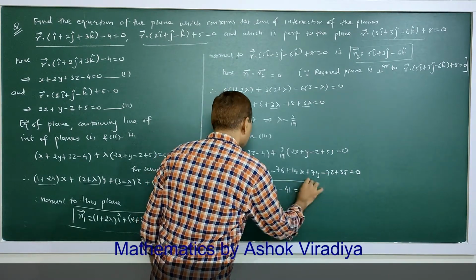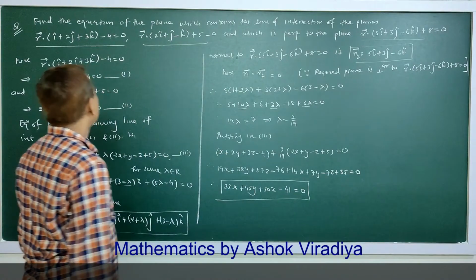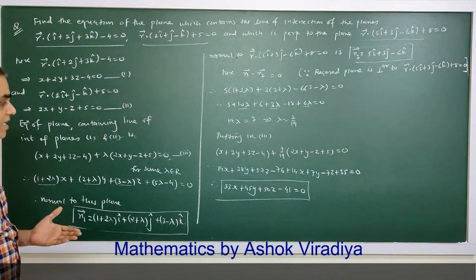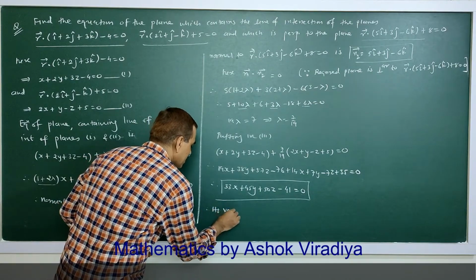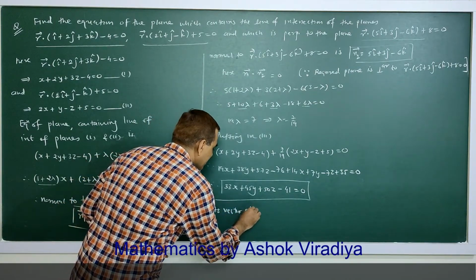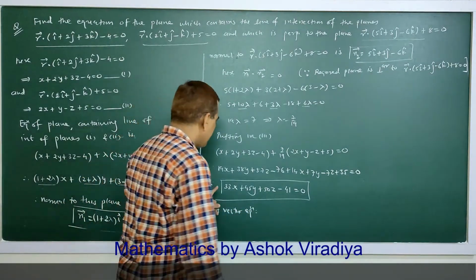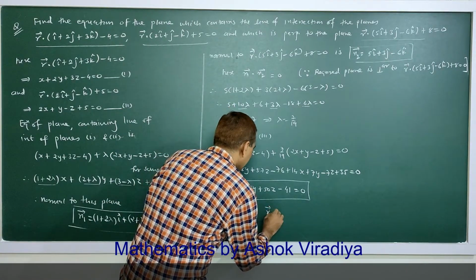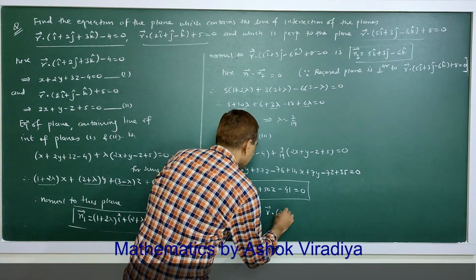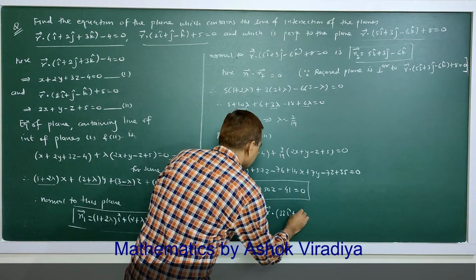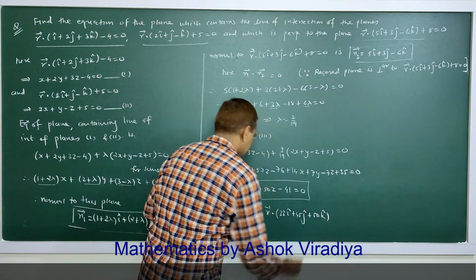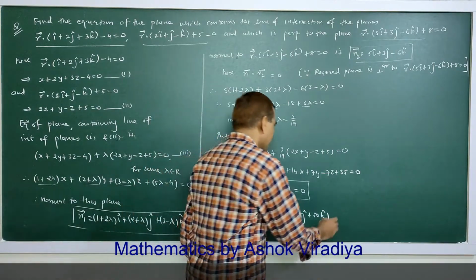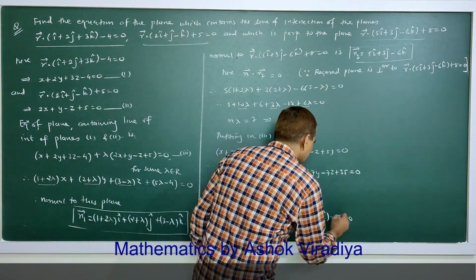So this is the required equation of the plane. We can also show this final answer in vector form, that is vector r dot 33i plus 45j plus 50k minus 41 equal to 0.